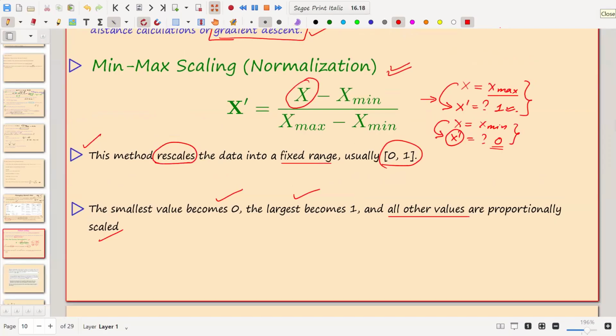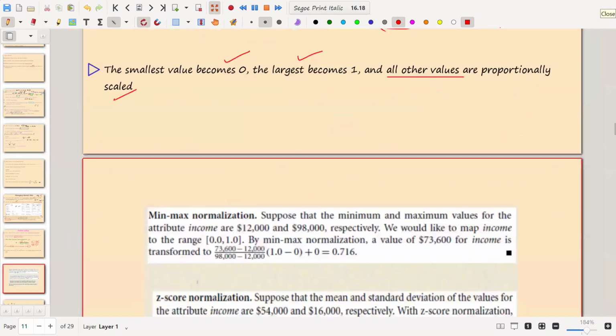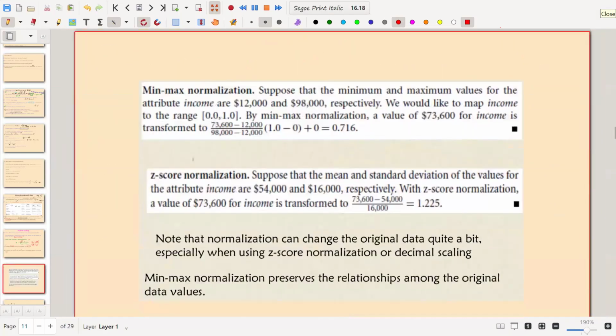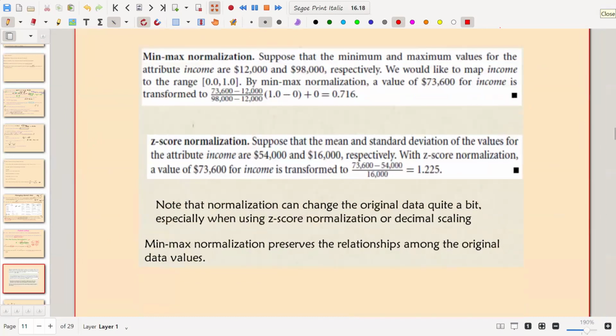Based on that, we can do a small example just to give you an idea. I have taken this from a book, the Kamber book, available in the library also. So let us see this example. Take this as question 2. Suppose that the minimum and maximum values of the attribute income in one of your data sets are $12,000 and $98,000.